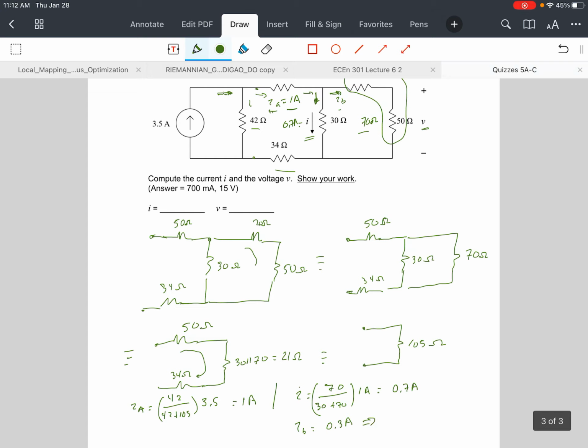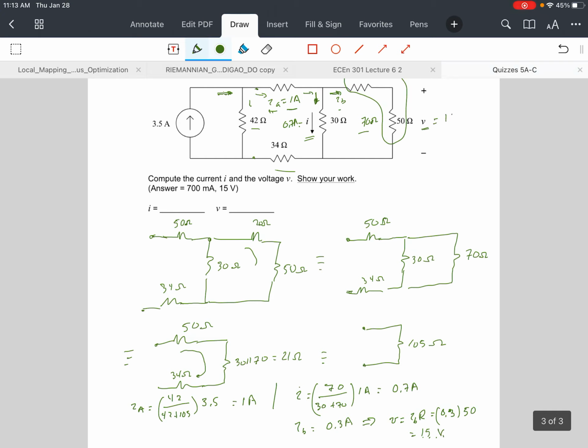That implies by Ohm's law that V is going to be IR, so IB times R, or 0.3 times 50, which is 15. Is that right? 15 volts. Yeah, 15 volts. All right, so that's the answer.